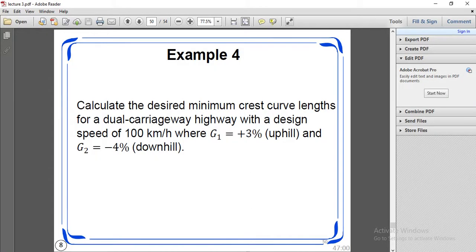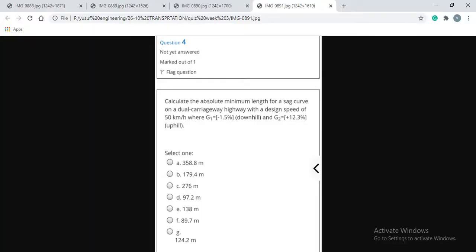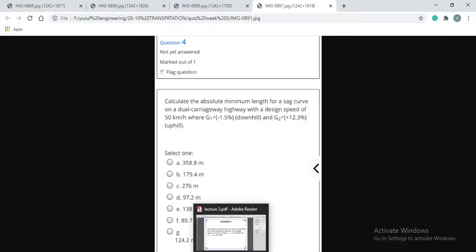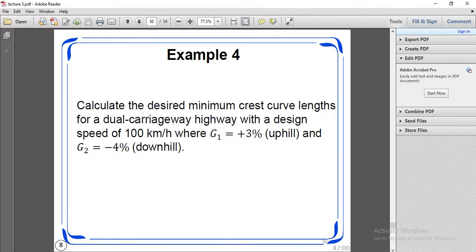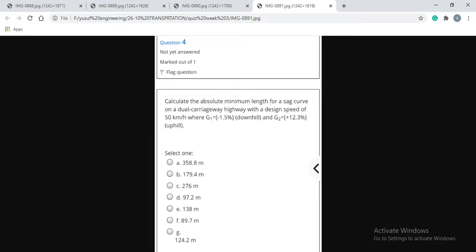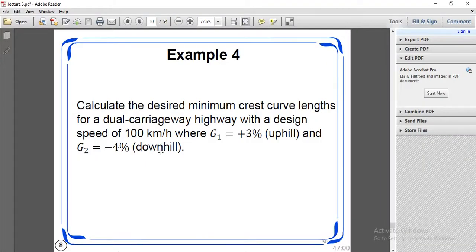It is minimum length for a crest curve, for a dual carriageway highway with a design speed of 100. G1 and G2 are this. So we can solve this question by this.